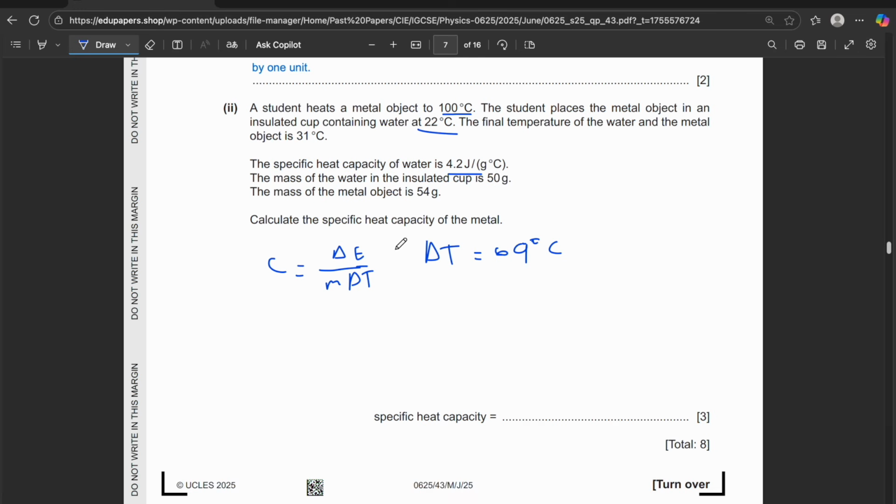How we get the energy is that the energy lost by this metal will be equal to the energy gained by water.